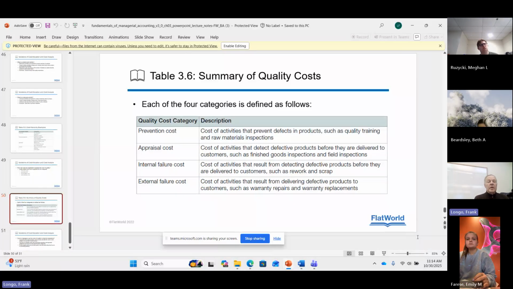So in an ideal world, a business would address each of these categories and would work it into their operations.